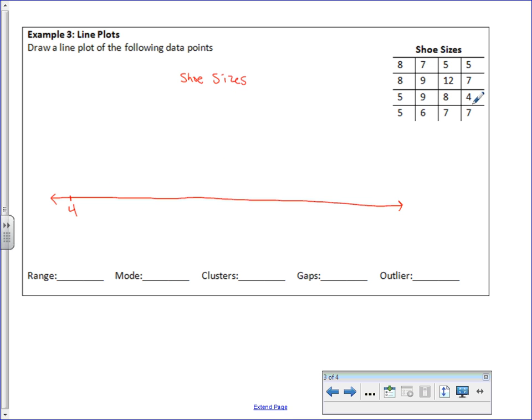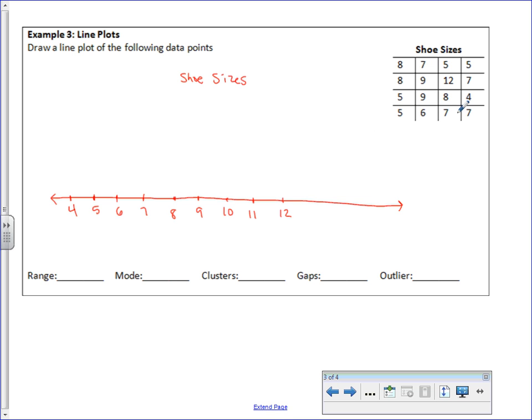And my biggest shoe size is going to be 12. So I'm going to try to make it as even as possible. 5, 6, 7, 8, 9, 10, 11, 12. Okay, great. And I have a little bit of extra line plot here, but that's okay, as long as these numbers are as even as possible.